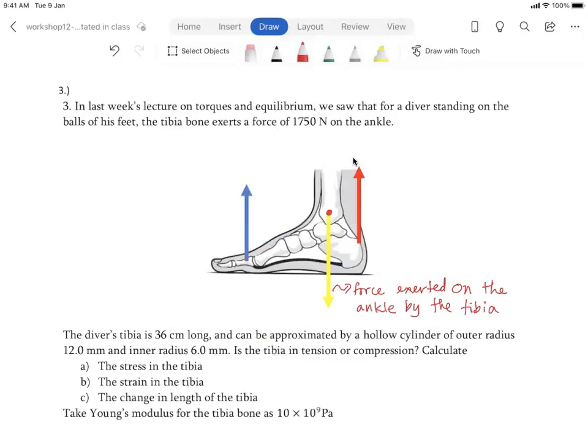But we know from Newton's third law of motion that if the tibia exerts a force on the ankle, then the ankle should also exert a force on the tibia. So if we illustrate that here, the reaction force will be opposite in direction. And then we can say that this here is the force exerted on the tibia by the ankle.